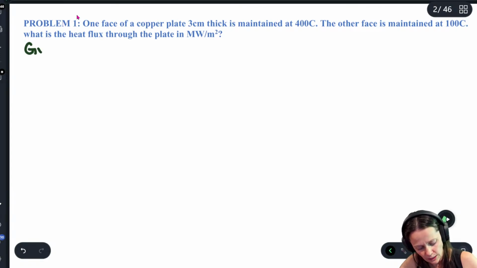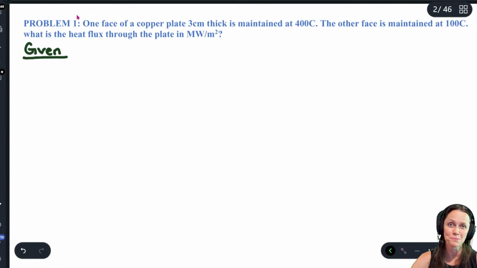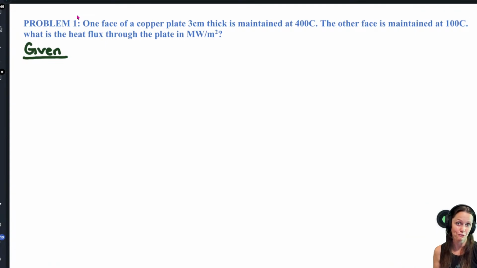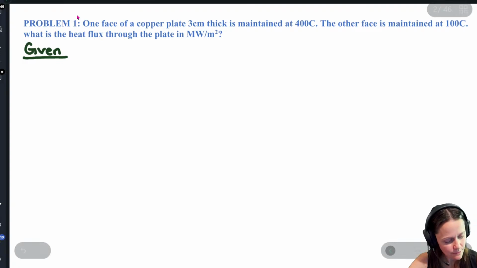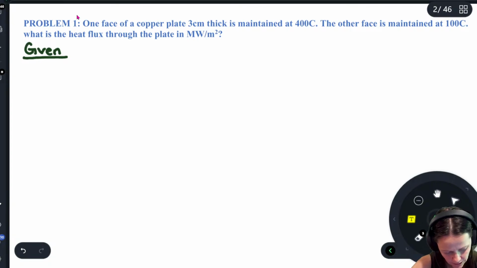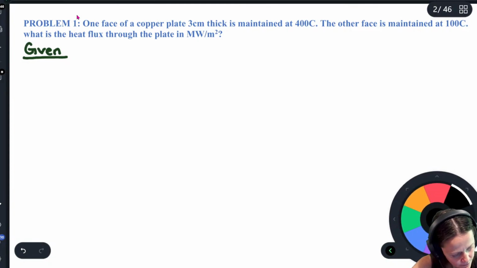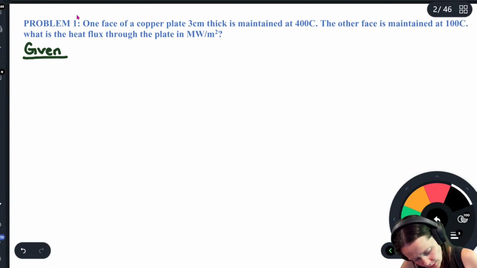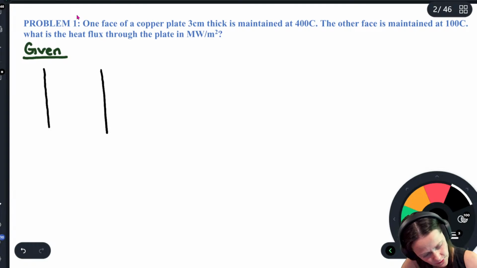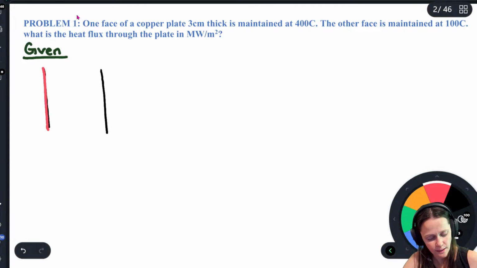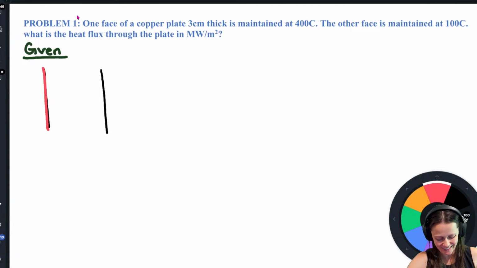All right, so the way that I set my problems up when I solve them, I write given, find, assume, and then the solution, just to keep things all nice and organized. There's one side, there's the other. I'm going to pick this side to be the one that's at 400.